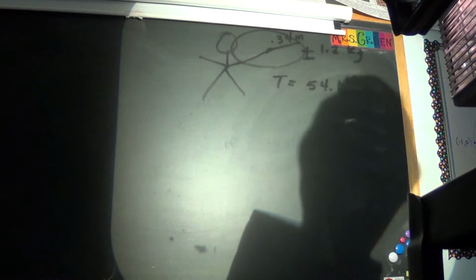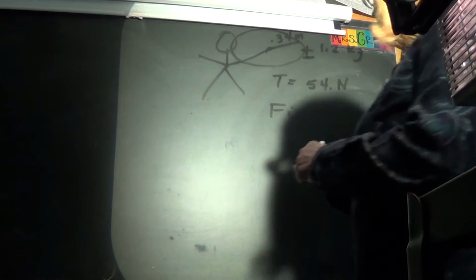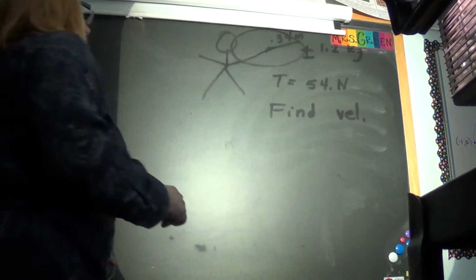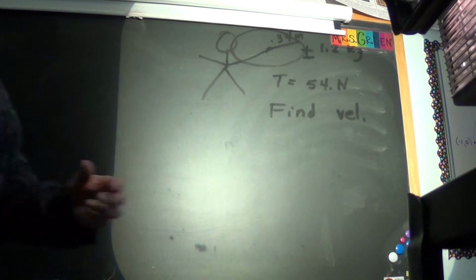The tension is 54.1 newtons. So I want you to find the velocity of the airplane. So sketch this problem in your notes. You got somebody flinging the airplane around. The string is 0.34 meters long. 1.2 kilograms is the mass of the airplane.